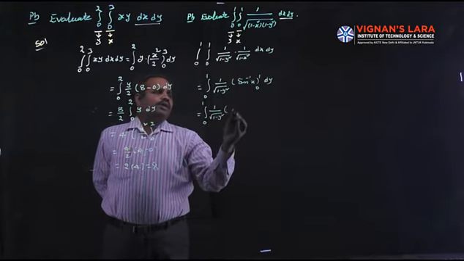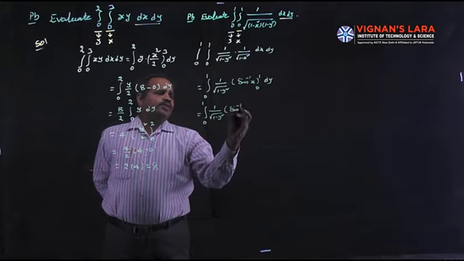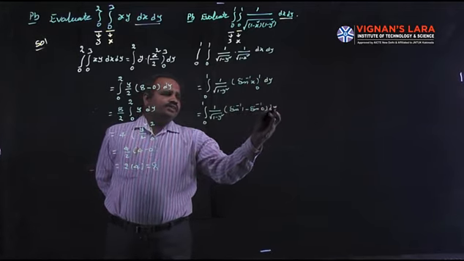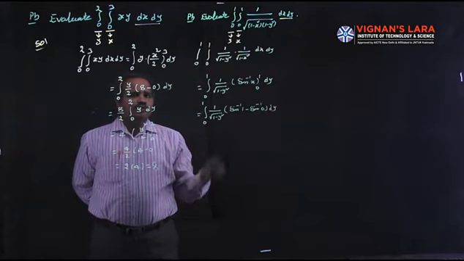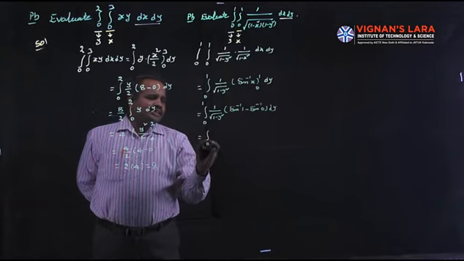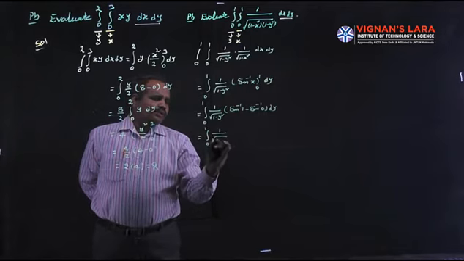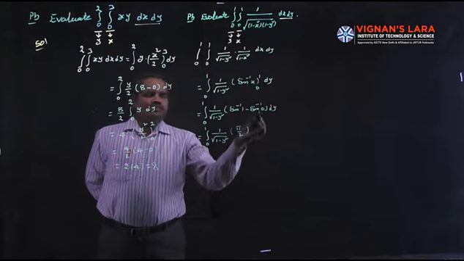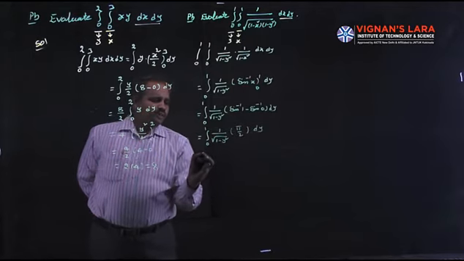into the upper limit value, which is sine inverse 1, minus the lower limit sine inverse 0, dy. Sine inverse 1: when sine becomes 1, the angle is 90 degrees, pi by 2, and sine inverse 0 is 0. So the integral 0 to 1 of 1 by root 1 minus y square dy, times pi by 2.